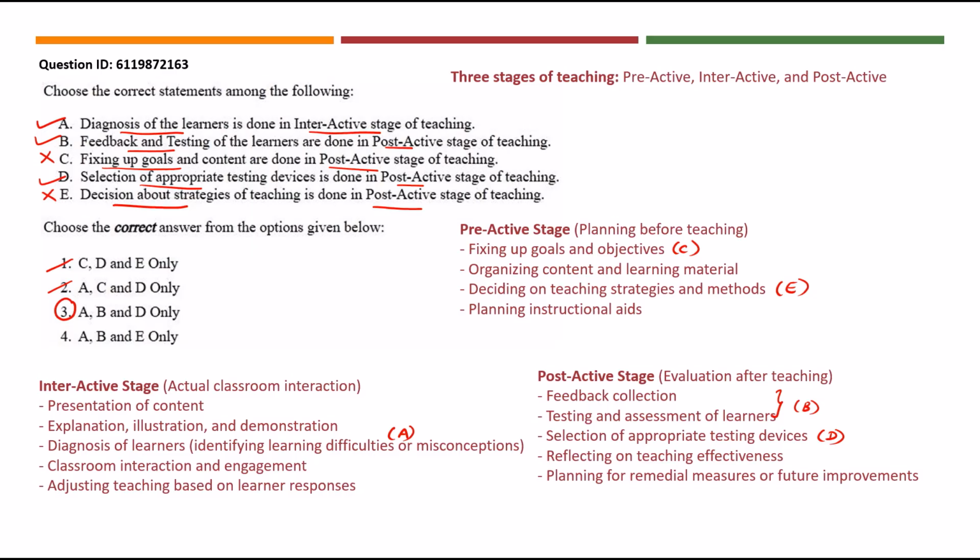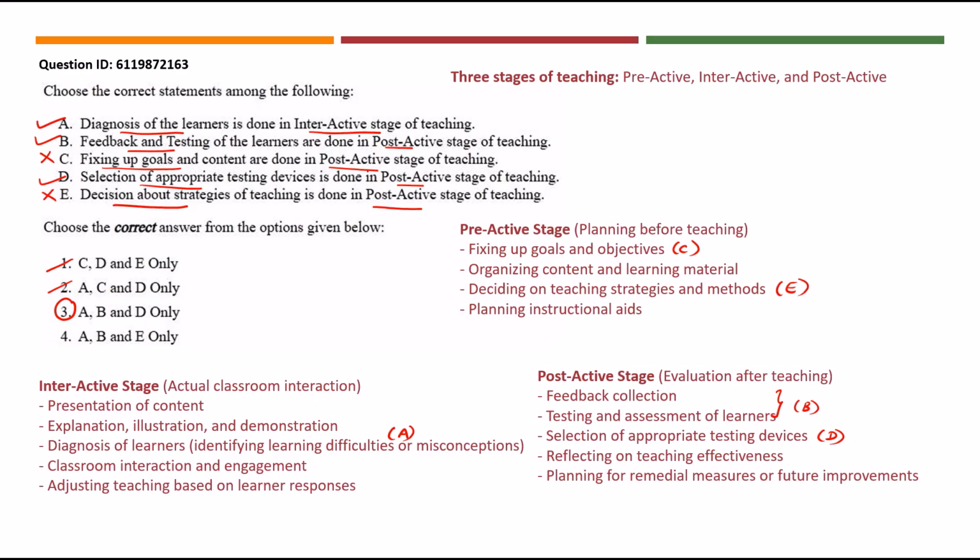Though it is a part of post-active, some classrooms will have it in pre-active stage also. Decisions about strategies of teaching is usually decided in the pre-active stage, but the decision about the strategies can be modified after feedback collection, so it can also be a part of post-active stage. I am just telling you what possibilities can happen.